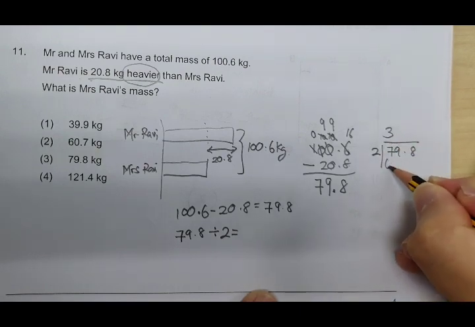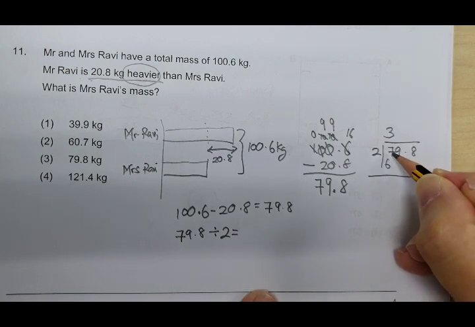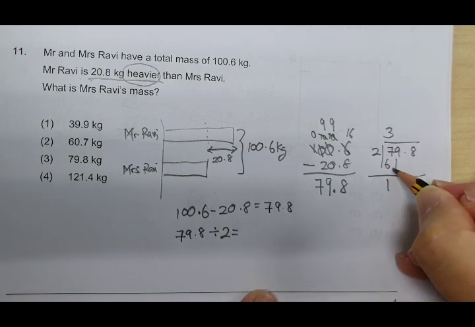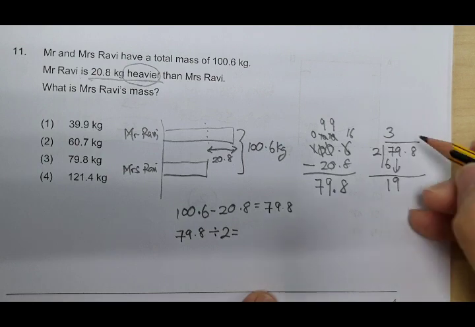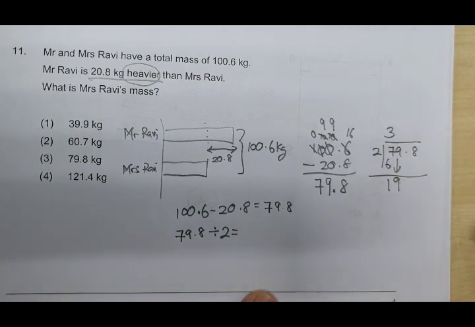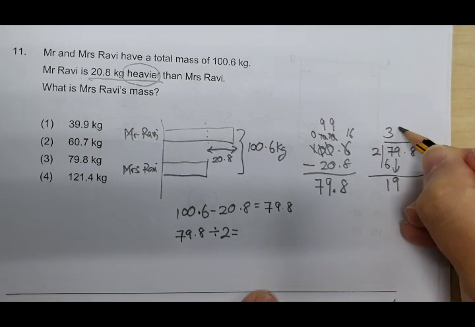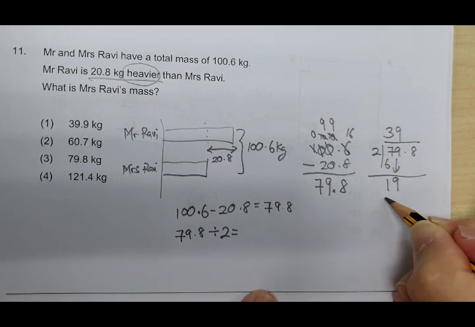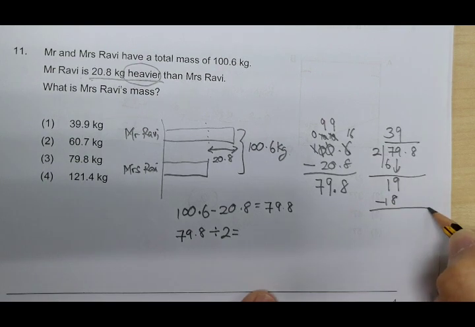3 times 2 gives me 6. 7 take away 6 is 1. Bring down the 9. 2 multiplied by what is below 19, very near to 19 but below? That would be 9. 2 times 9 is 18. 19 take away 18 is 1.